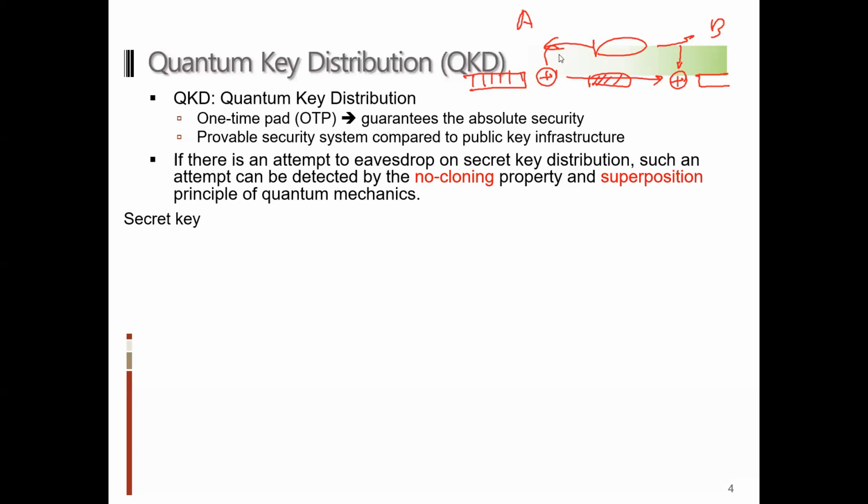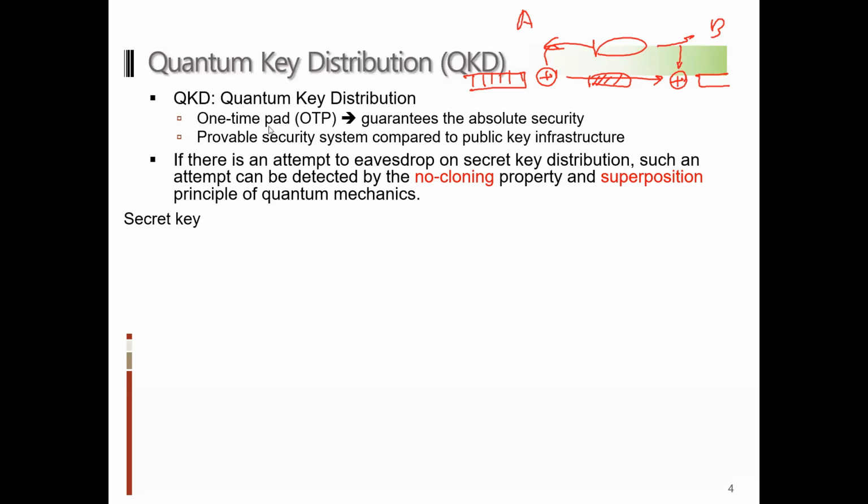In this case, because the secret key is used only once for each bit encoding, there is a proof that it has absolute security. If you have a random sequence for the secret key, there is no way you can reconstruct the original information just by looking at the encoded information.